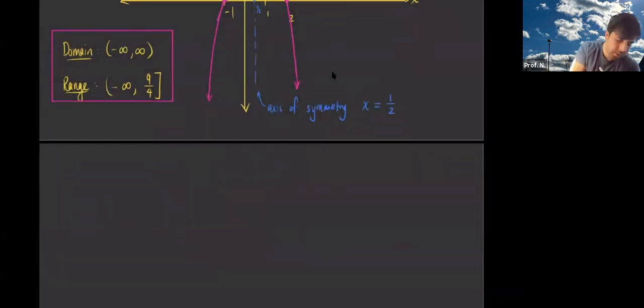So in general, I'm just going to write domain and range in general for quadratic functions.